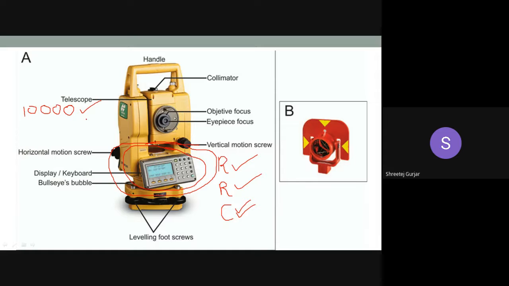You also have a way to transfer those readings to your computer or laptop. Cables are given along with it. You can attach one to your laptop and the other cable to the total station, and you can transfer the readings that you have taken.